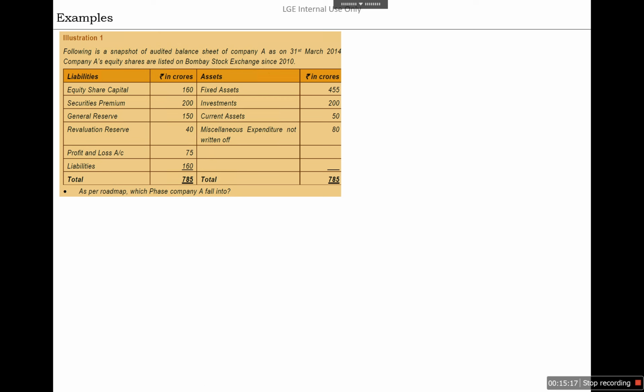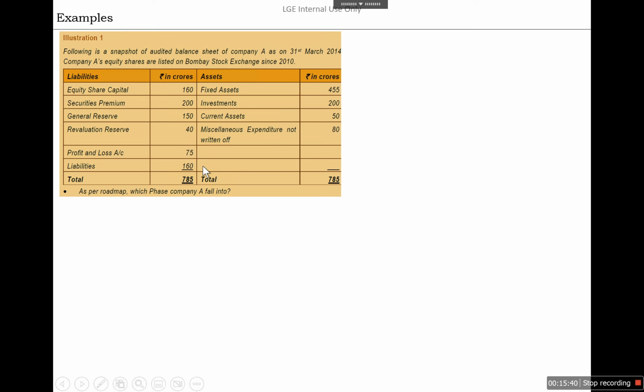Then we need to check the net worth of the company, because it is talking about 2014. For calculating net worth, we will take the equity share capital, consider securities premium, and consider general reserve, but we will not consider revaluation reserve because it is not from the operating profit of the company.